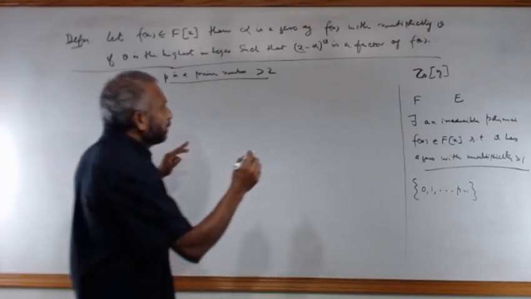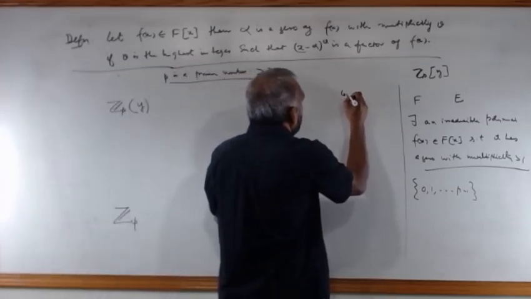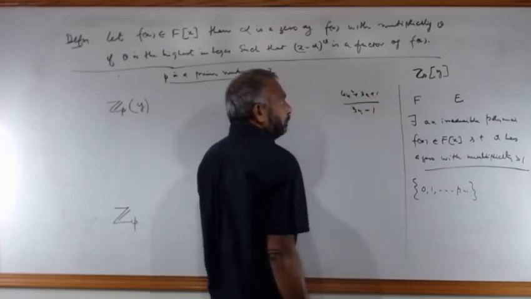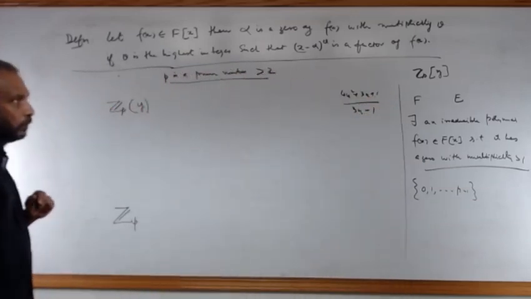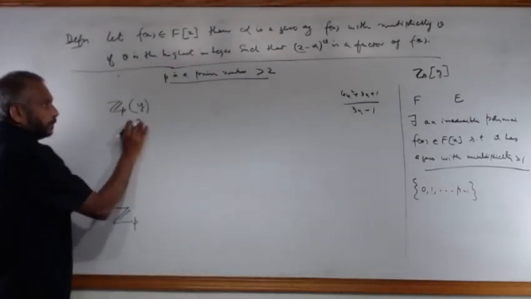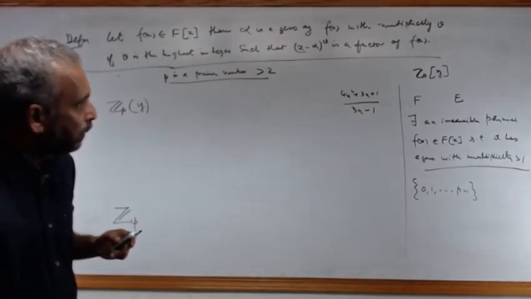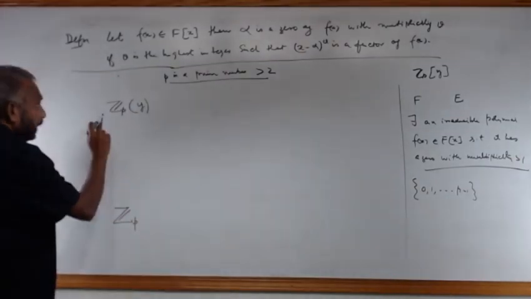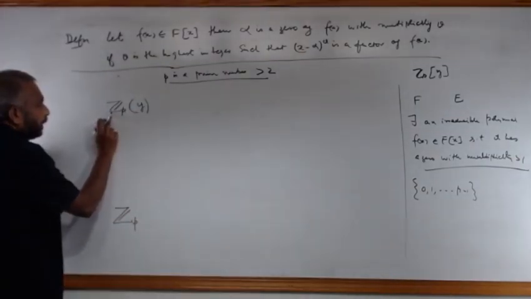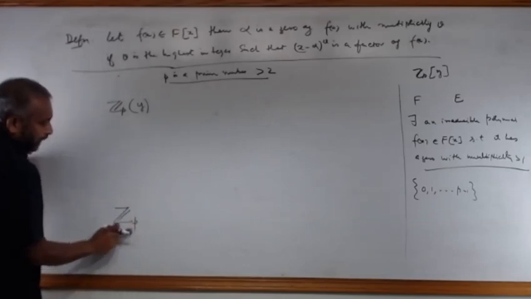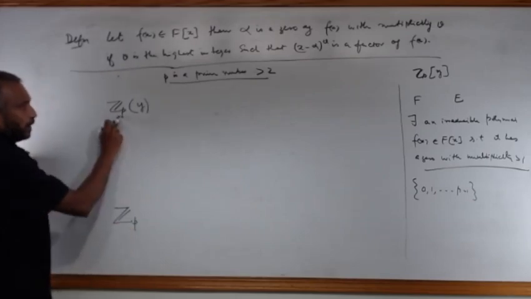The elements will be something like (4y squared plus 3y plus 1) divided by (3y minus 1). This is the kind of elements you will have here. And this is a field, definitely an extension of Z_p, because Z_p is considered as a field of constant polynomials.